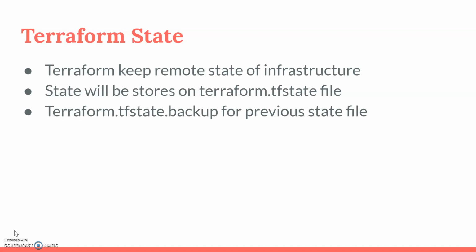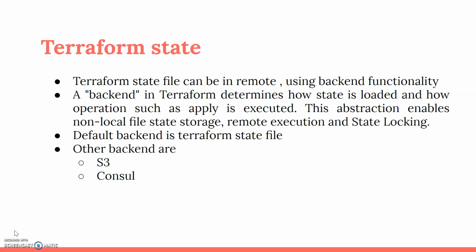When you run Terraform, it makes two files, tfstate and tfstate backup. The tfstate backup will be the previous backup of your state, and the tfstate is the current file of your state. When you apply Terraform for a new resource, Terraform will maintain the state it creates.